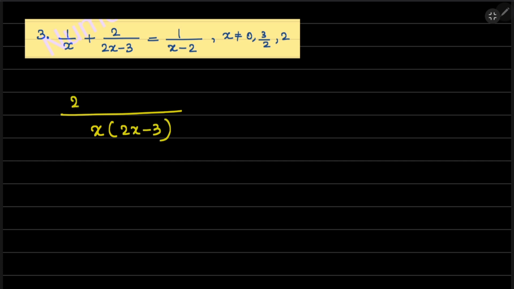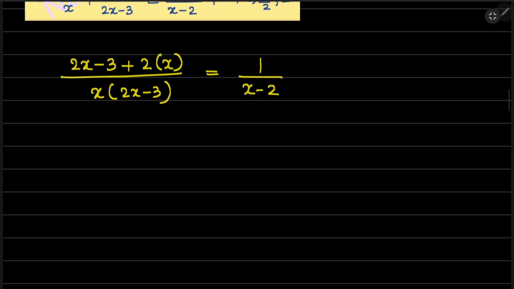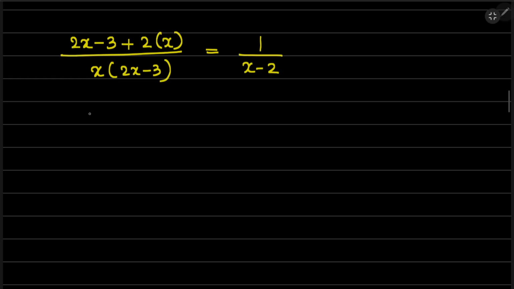So numerator you will have 2x minus 3 plus 2 multiplied by x equal to 1 by x minus 2. So solve it. You have got 2x minus 3 plus 2x. So you have 4x minus 3 divided by denominator term you will have 2x square minus 3x is equal to 1 divided by x minus 2.